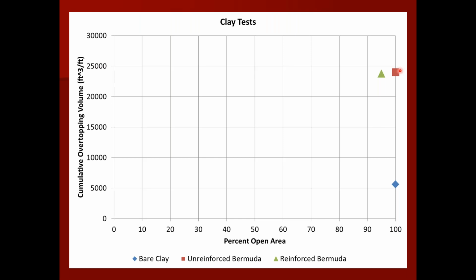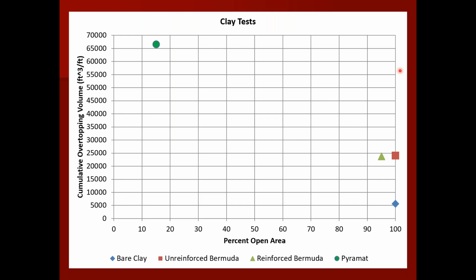Didn't have a cut sheet on that one. But then down into the 15% open area with the paramount. So we saw a strong correlation, albeit 2 points, 3, but between the open area and the overtopping load that could be put on that for a clay embankment.